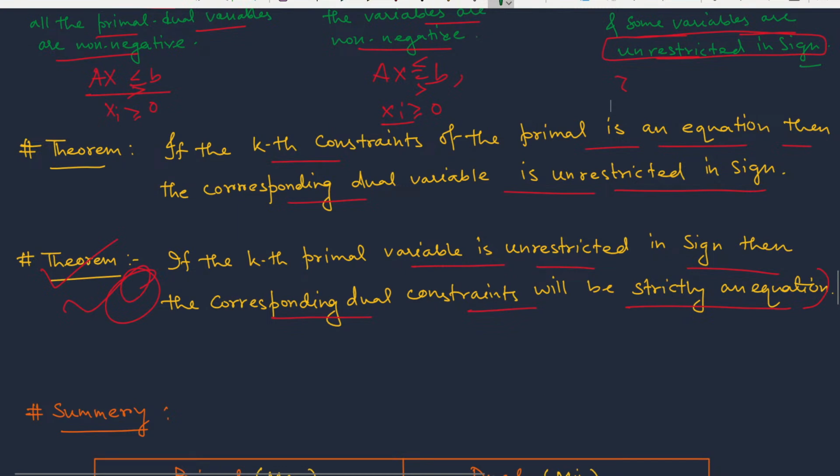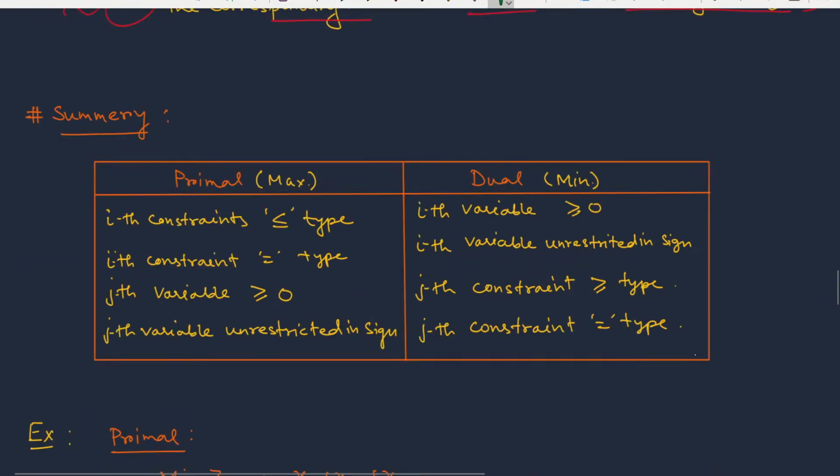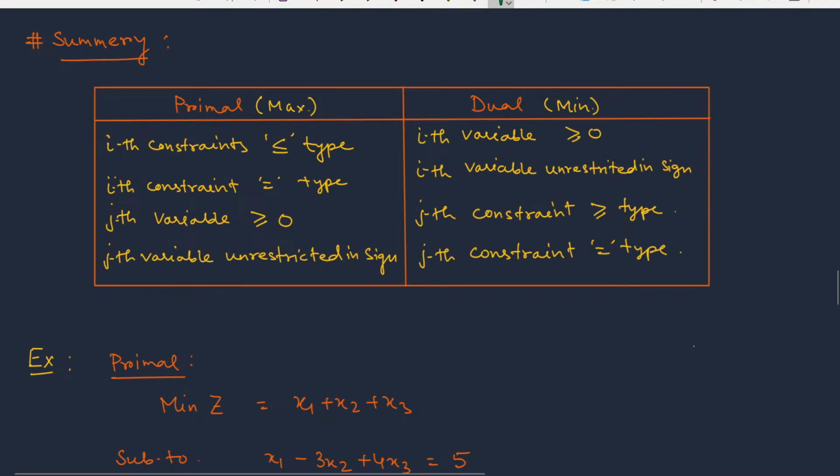Now let us summarize these theorems, okay. Suppose the primal problem is a maximization problem and the dual problem is the minimization problem. Let us take the standard types of LPP, okay. If the ith constraint is less than or equal to type, then the ith variable is greater than or equal to 0. If the ith constraint is an equation, then the ith variable is unrestricted in sign in the dual.